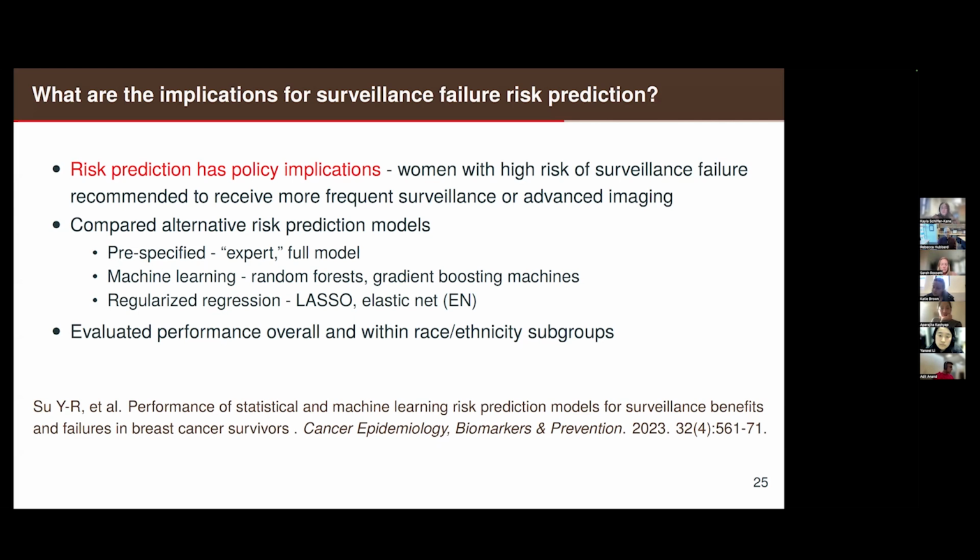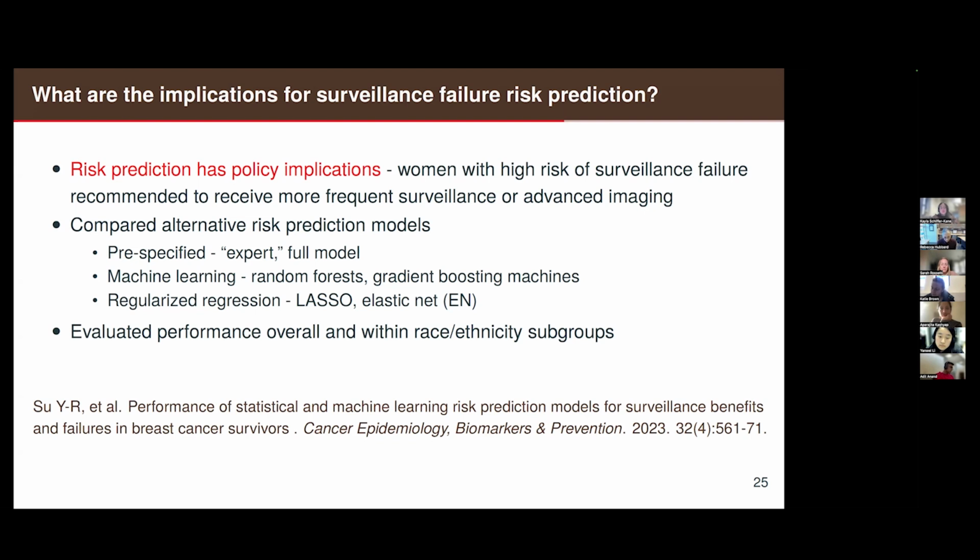So if we develop a risk prediction model for women who are likely to have mammography perform poorly, and that gets picked up by professional society recommendations or the US Preventive Services Task Force, that immediately has implications for access to a resource in the form of MRI, because women who are at high risk are going to be approved for that additional screening, and women who are estimated to be at low risk are not.